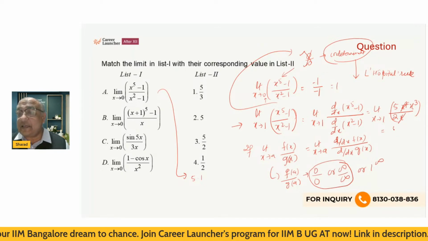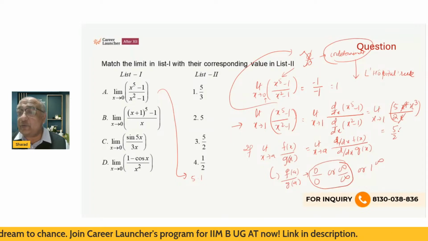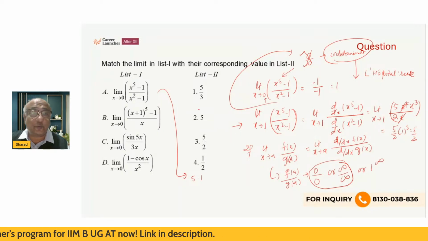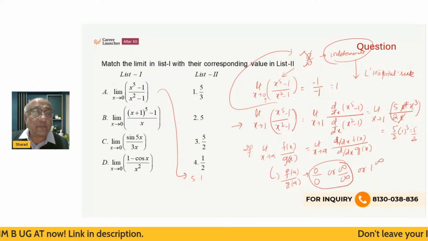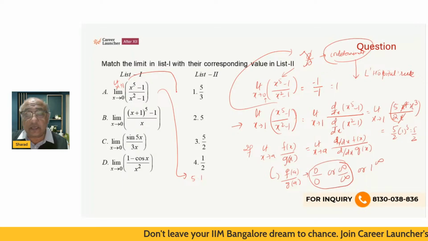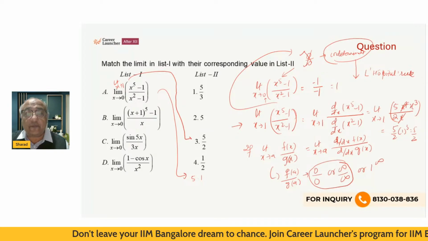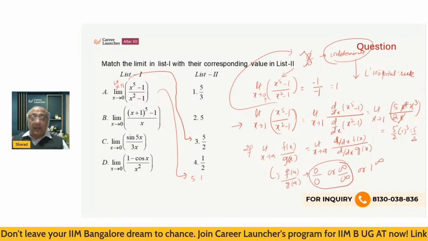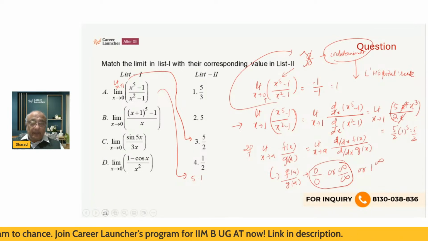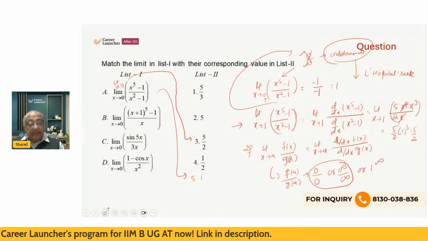So my answer is 5 upon 2 into 1 cube, which is equal to 5 by 2. So had this been 1 here, suppose this question would have been limit x tends to 1, then our answer would be 5 by 2. Understood? Is it clear? Right.